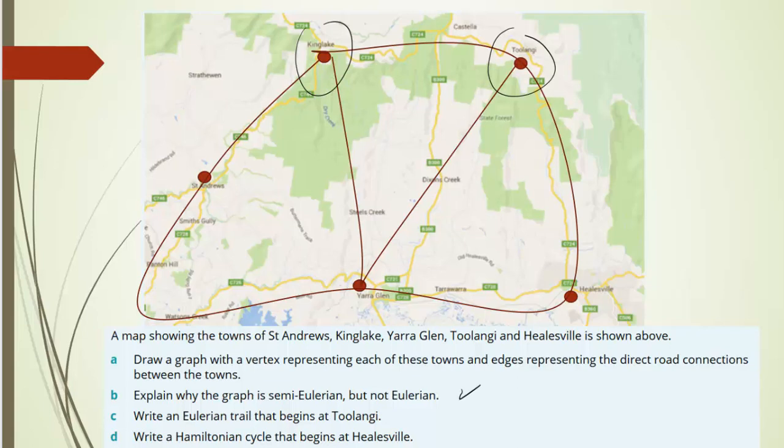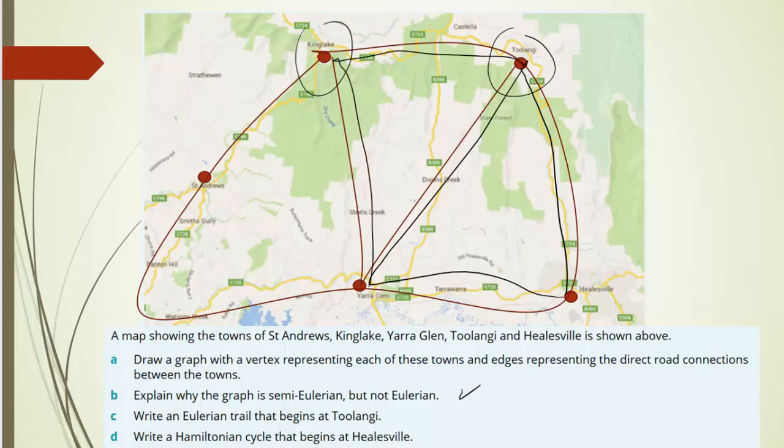To write an Eulerian trail that begins at Toolangi, remember we've got to cross every edge, every road. So starting at Toolangi, I might go down to Healesville, cross to Yarra Glen, back up to Toolangi, across to Kinglake, down to Yarra Glen, up to St Andrews, and then the last step is Kinglake.